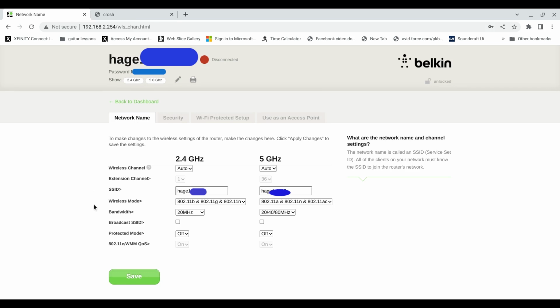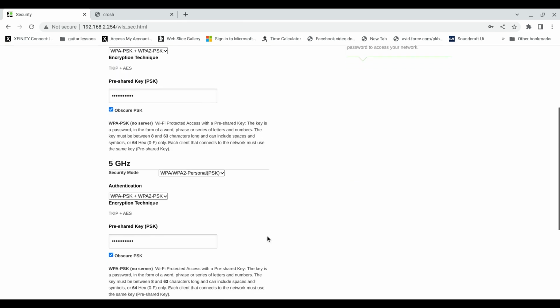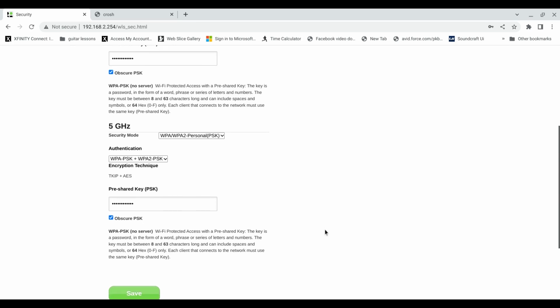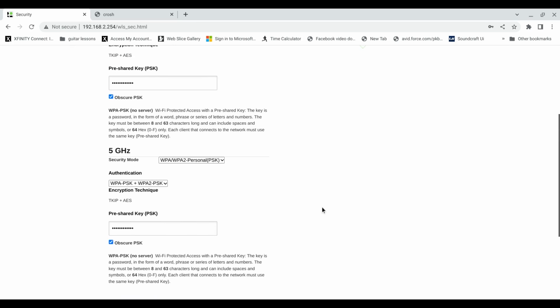I am not broadcasting the SSID, as you can see. And I am using, for both networks, the 2.4 and the 5, WPA security. And that pretty much sums up the configuration of the router.